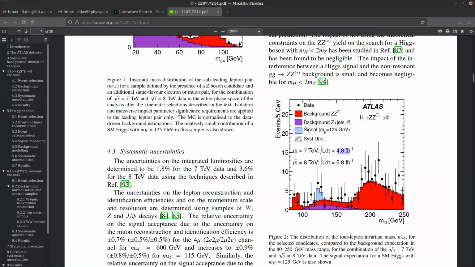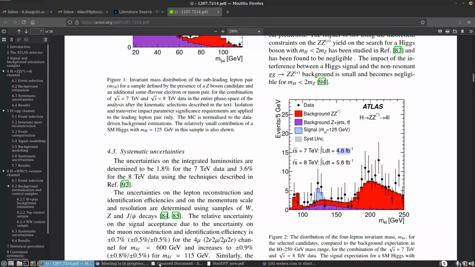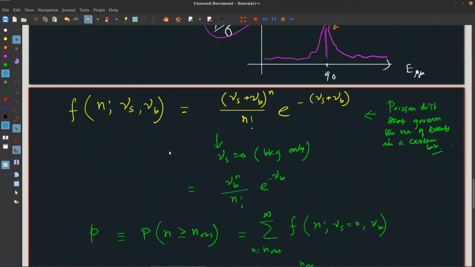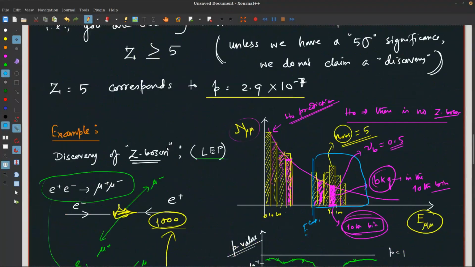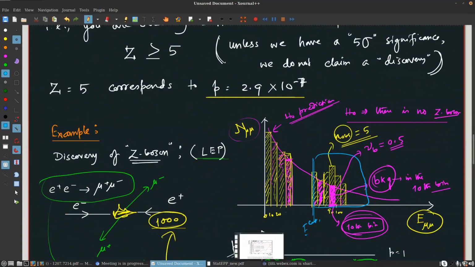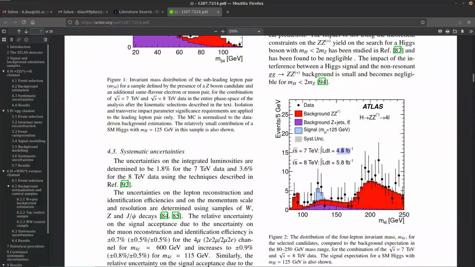These are basically luminosities. In my notes, I told you how many e plus e minus you are colliding. So this is a measure of how many colliding particles there are.